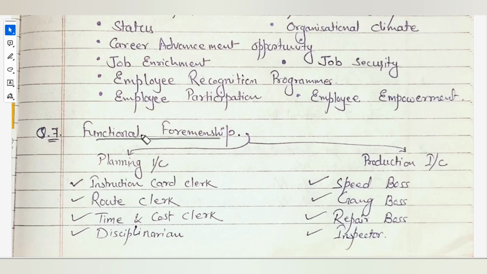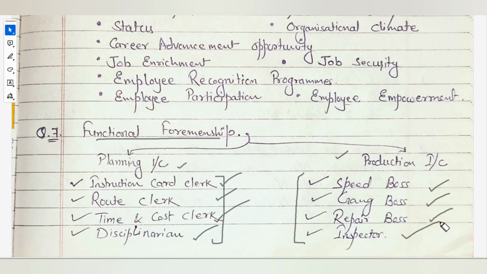As you all can see, functional foremanship has two parts, that is planning in charge and production in charge, and each of the two departments has four specialists. In planning, they are instruction card clerk, route clerk, time and cost clerk, and disciplinarian. In production in charge, they are speed boss, gang boss, repair boss, and inspector.